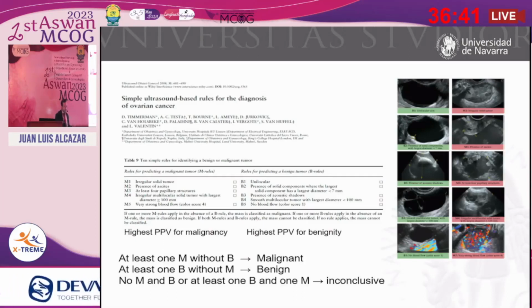The presence of at least one benign feature without any malignant features classifies the mass as benign. The presence of at least one malignant feature in absence of benign features classifies the mass as malignant. And when we have either both benign and malignant features, or no malignant and no benign features, the mass is inconclusive.